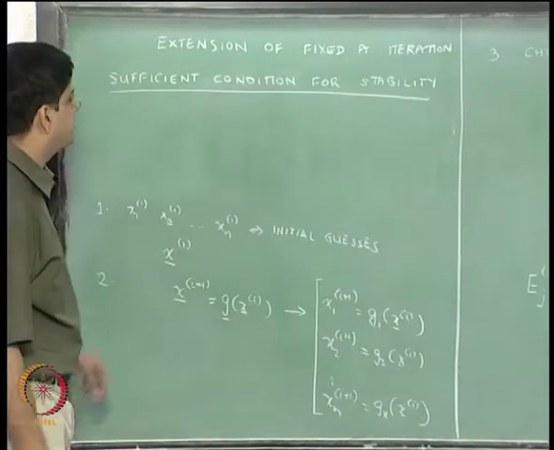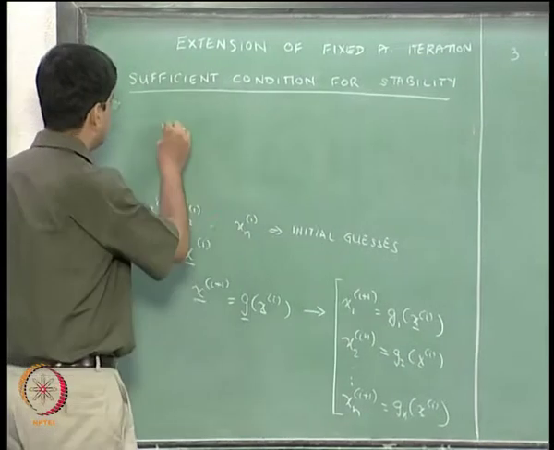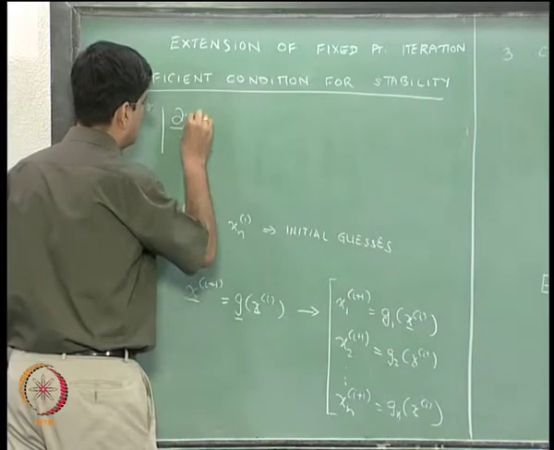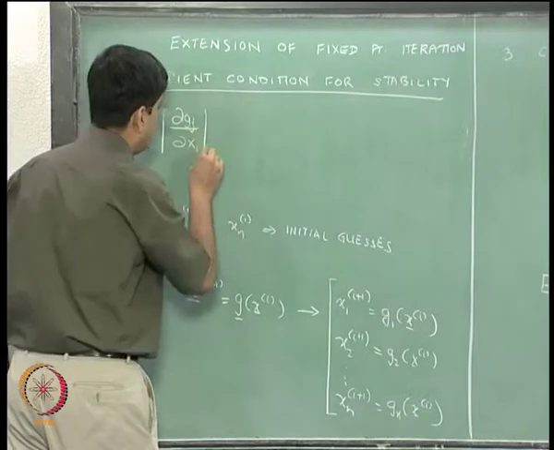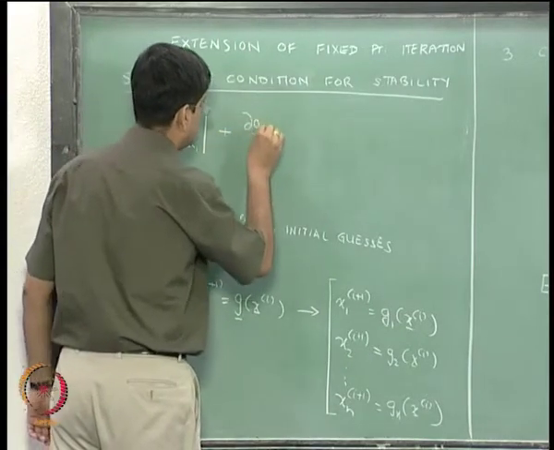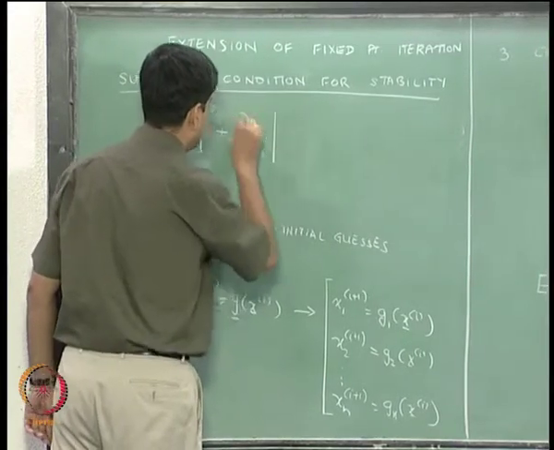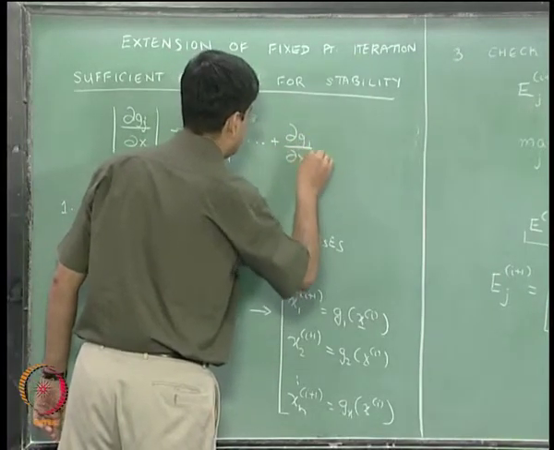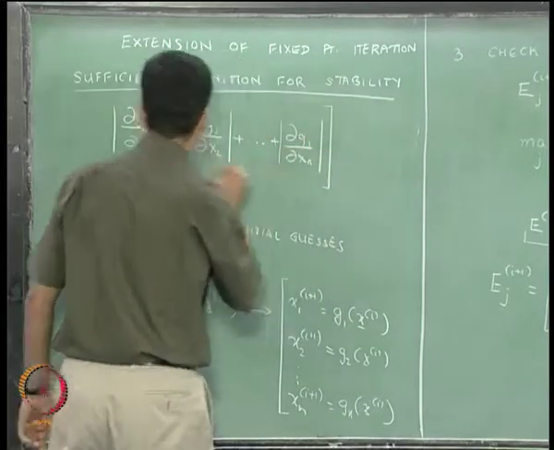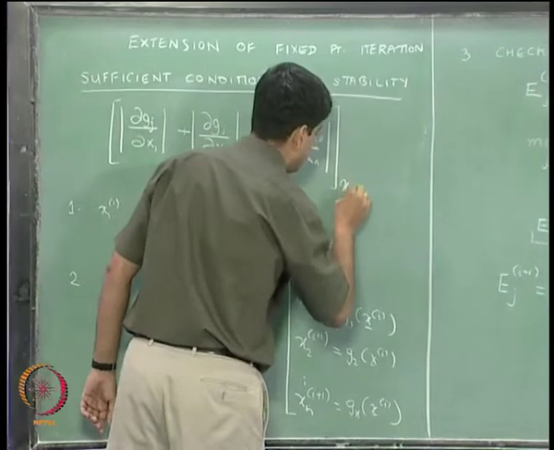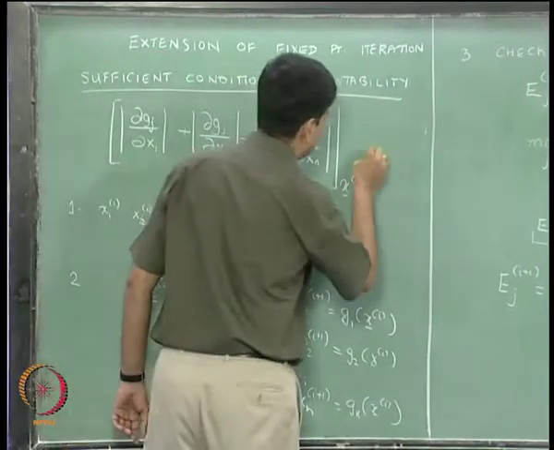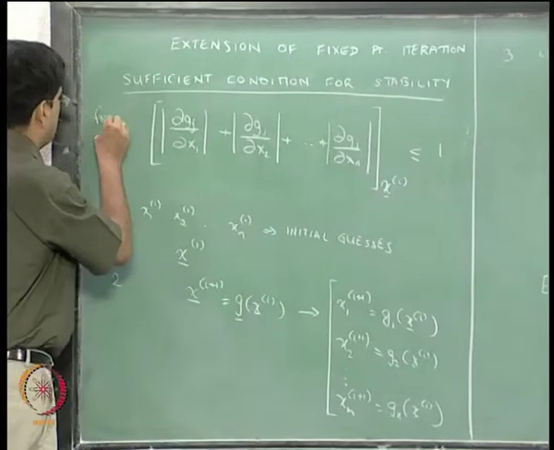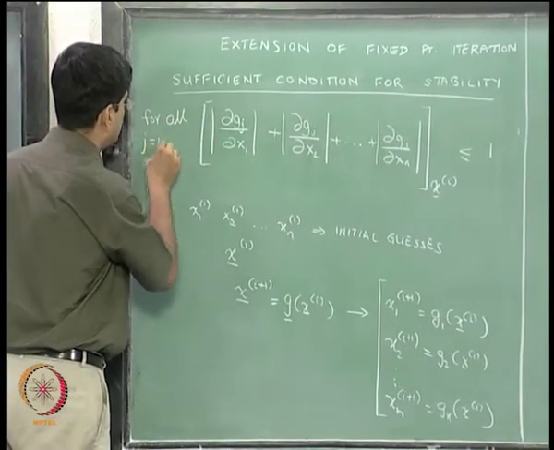Okay, for the fixed point iteration, the sufficient condition for stability is that dg_j by dx1 plus dg_j by dx2 and so on up to dg_j by dxn, computed at x bar of i, should be less than or equal to 1, for all j equal to 1 to n.